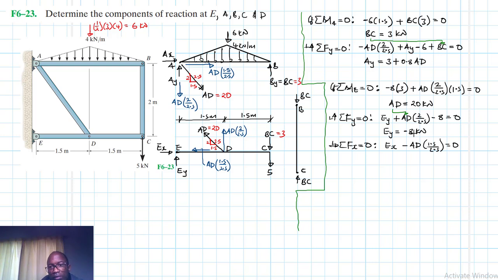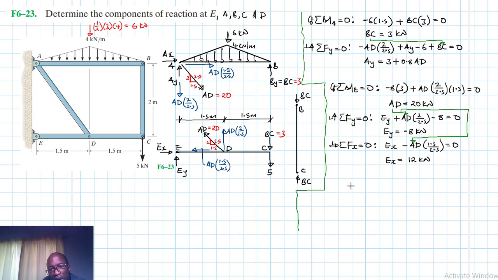We've already found what AD is, so we just replace AD there. And once we do so, our EX is just going to be equal to AD, 20, times 1.5 divided by 2.5. So this gives us a positive 12 kilonewtons.